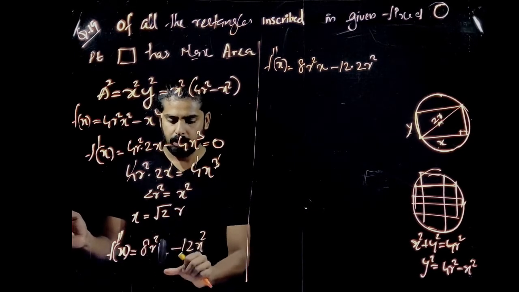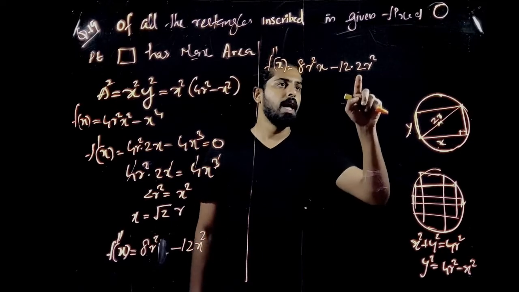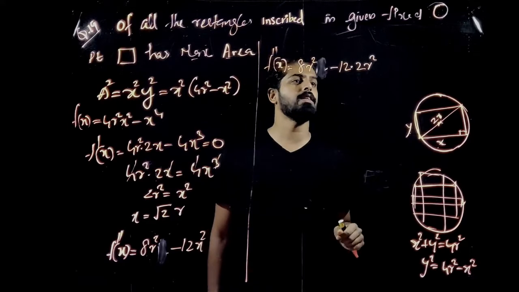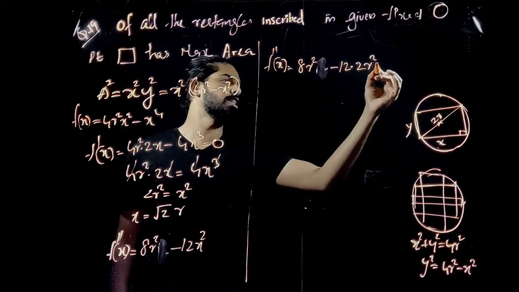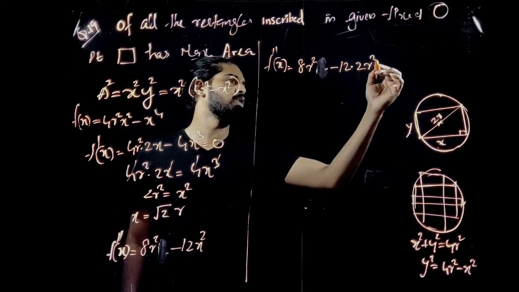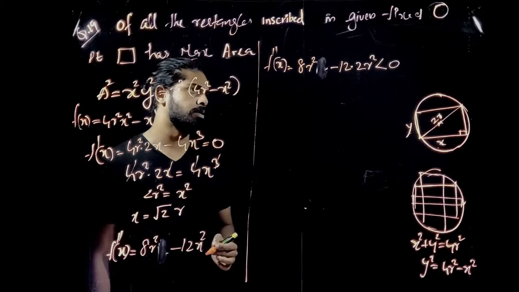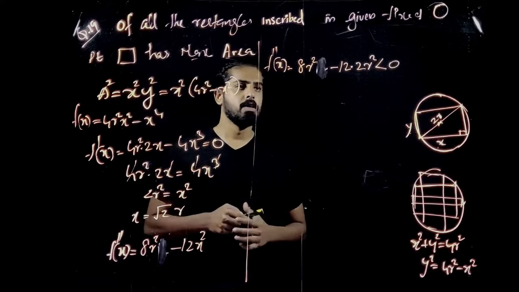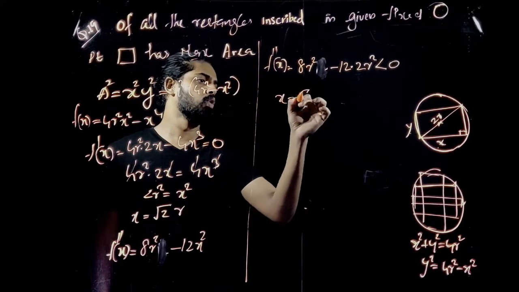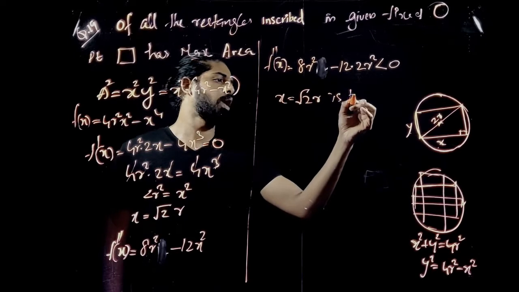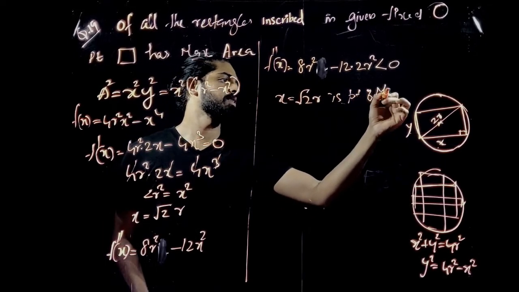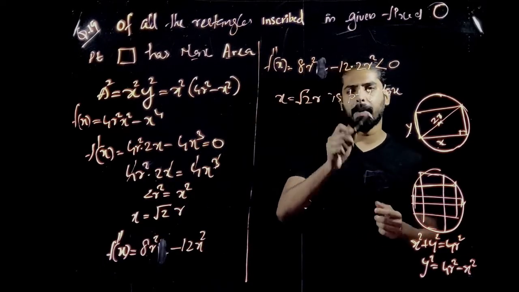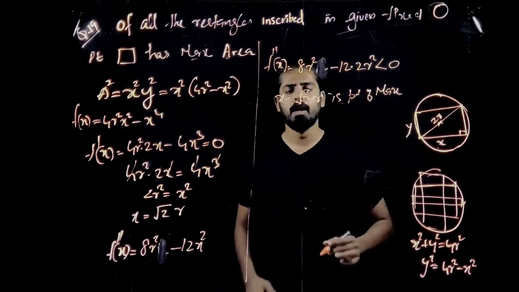Sorry, my mistake. So 8r square minus 12x square, so 8r square minus 12 into 2r square, which is 24r square. So 8r square minus 24r square will be a negative value, less than 0, right? So x is equal to root 2r is the point of local maxima.